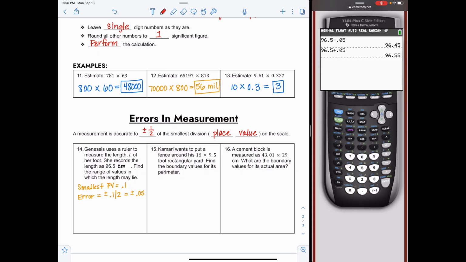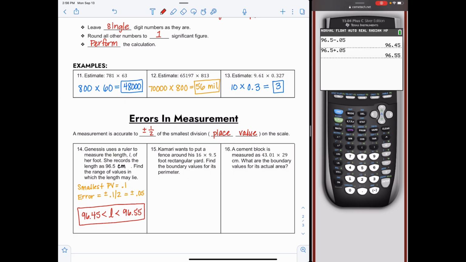So it looks as if my lower bound is going to be 96.45, and my upper bound is going to be 96.55. So this is the range of values that the length of her foot may lie in.